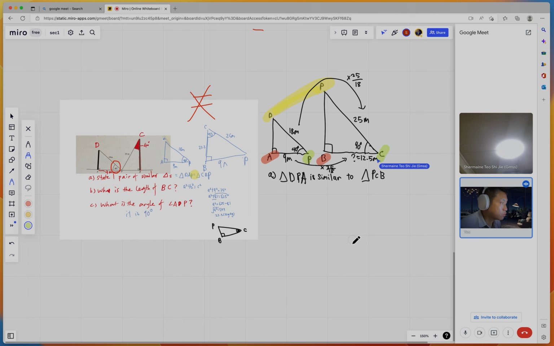Answer the last question. What's the angle ADP? Where's the ADP? Can you label ADP in your diagram? Yes. So what's the angle?